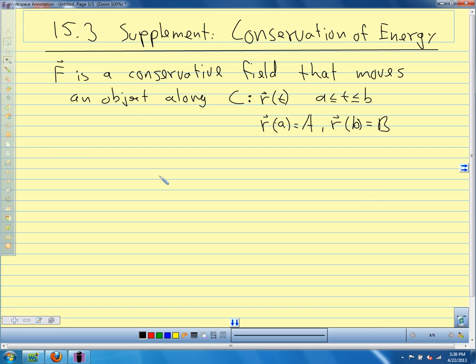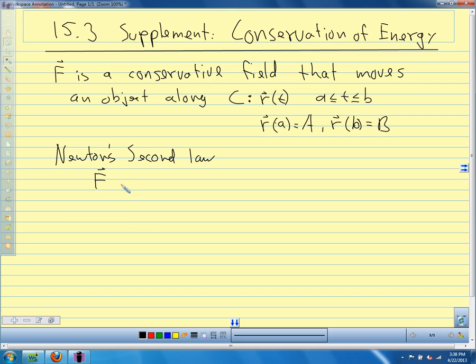All right, so Newton's second law says that if we have some force, and F is a conservative field, we're thinking of F as some kind of force, because it's moving an object along a path.